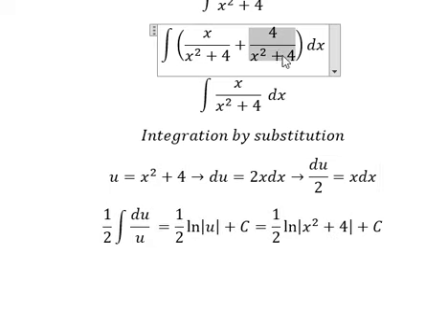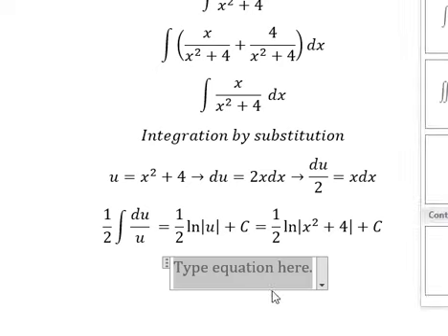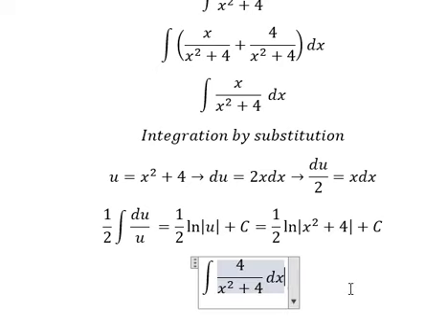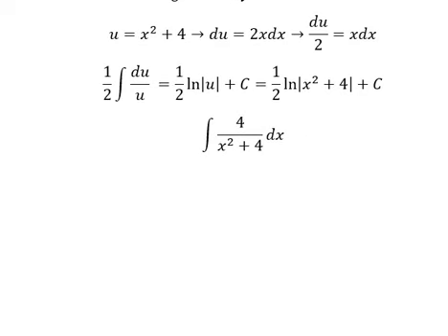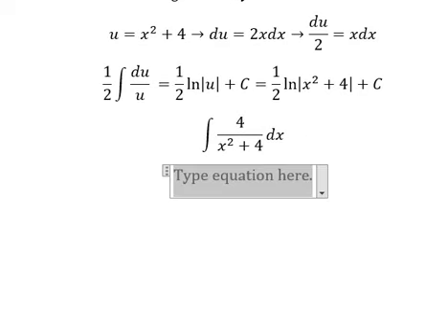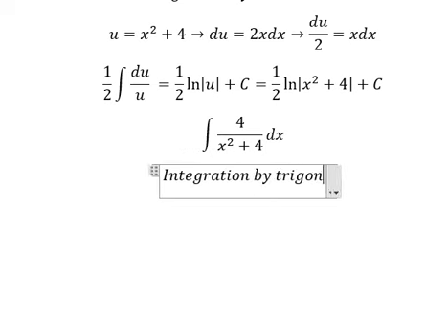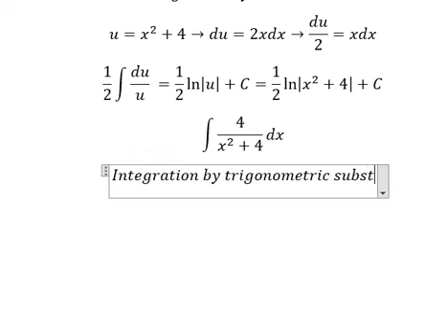Now we need to focus on this one. We can use integration by trigonometric substitution.